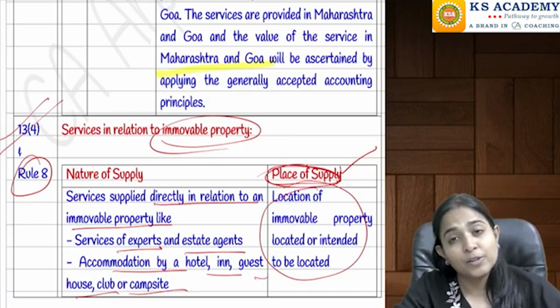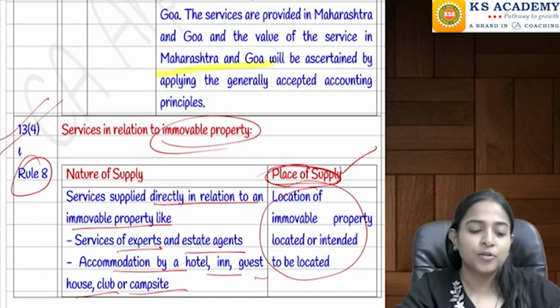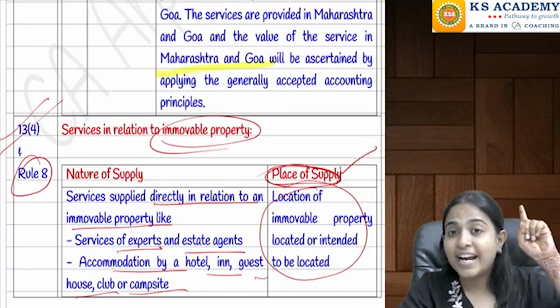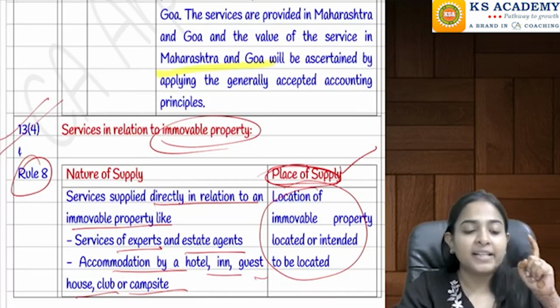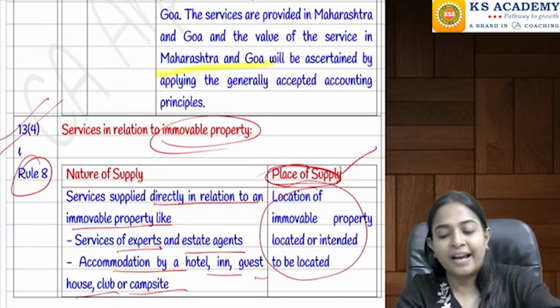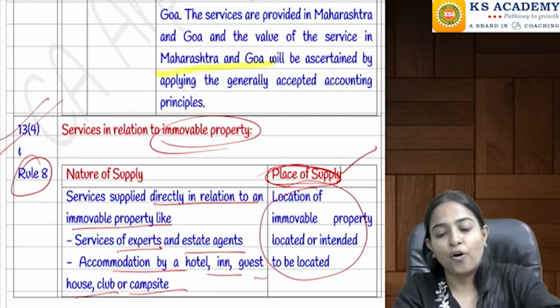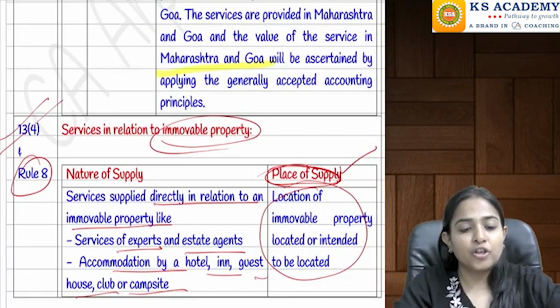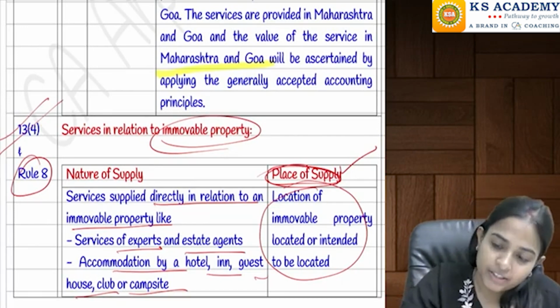For domestic also? Yes. Okay. So it will be the location of such immovable property, but there we had studied that if the immovable property is located outside India, then the place of supply will be the location of the recipient, right? Now just try to understand, everyone.